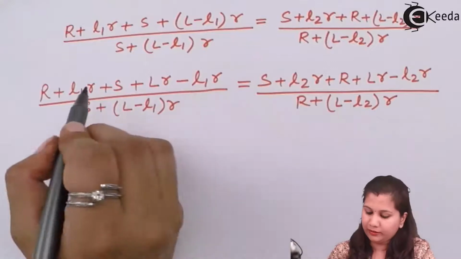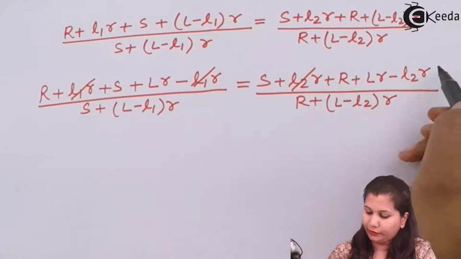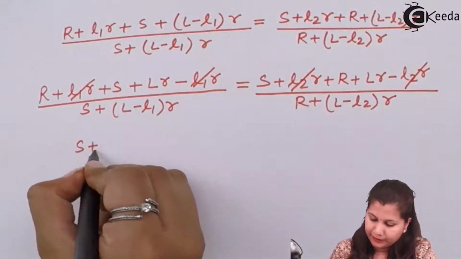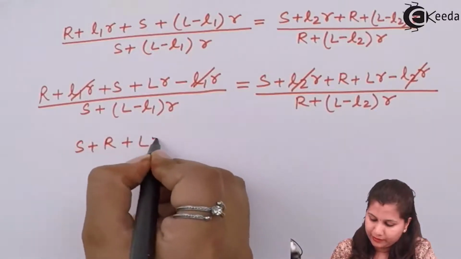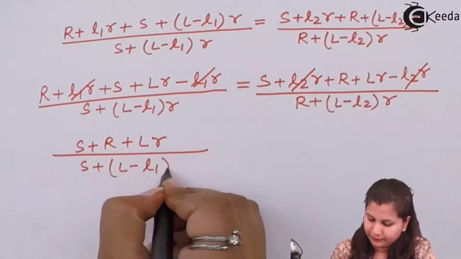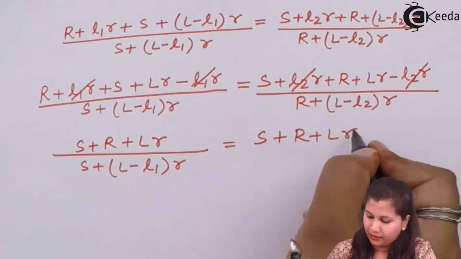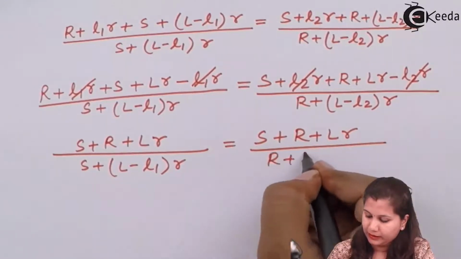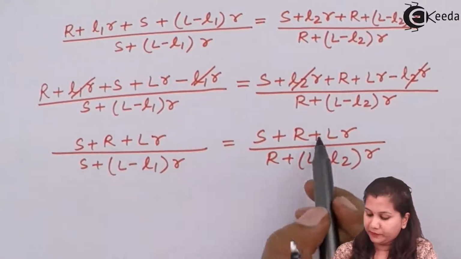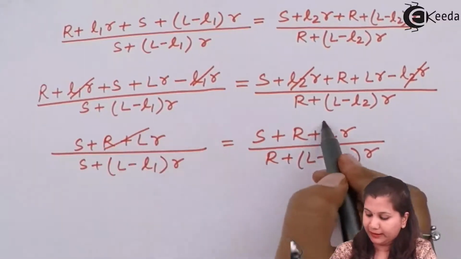L1R and L1R having opposite signs, plus and minus, so they will be cancelled. Here L2R will be cancelled. So what we have got, S plus R plus LR upon, here also S plus R plus LR upon R plus L minus L2 R. The numerator terms on both the left hand and the right hand side are the same, so they will be cancelled.